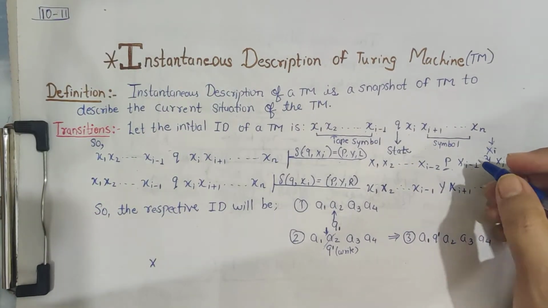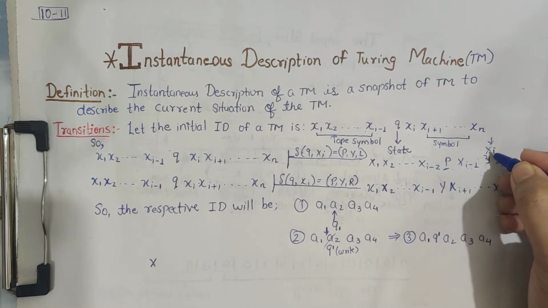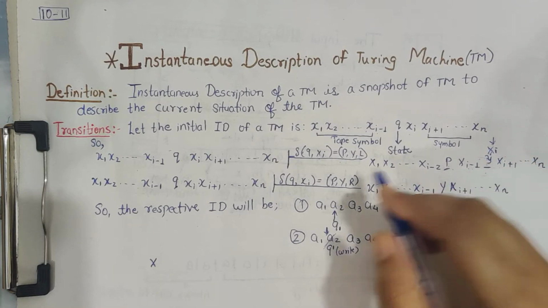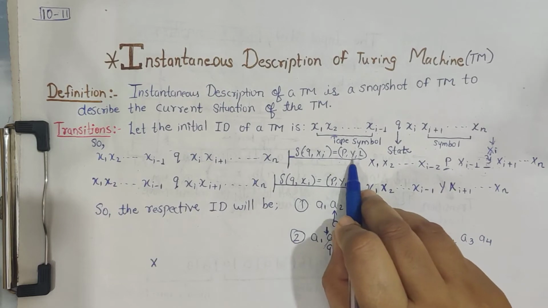So I should write the new state p before xi minus 1, and this particular symbol xi will be replaced by y, because we had written y here. This xi is replaced by y.